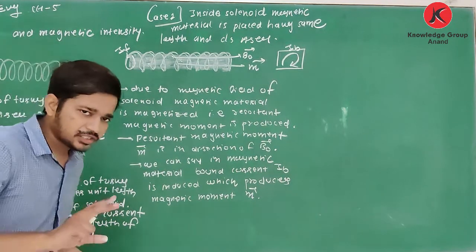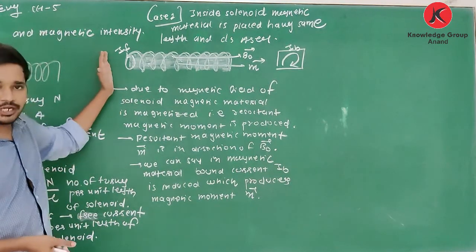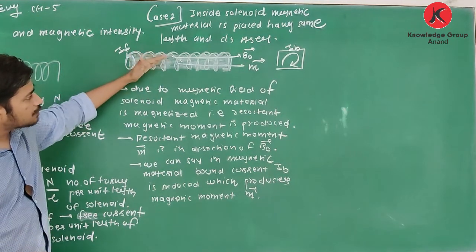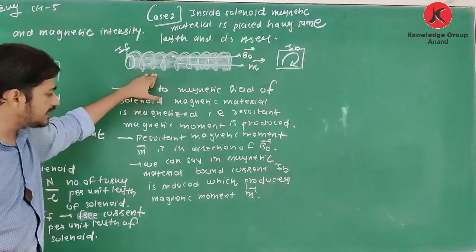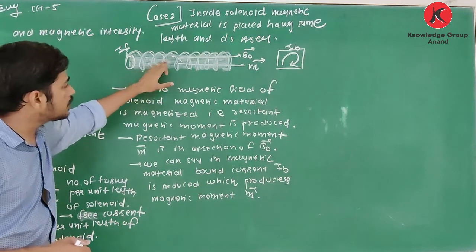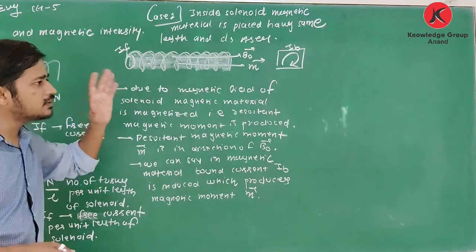So in short, when a magnetic material is placed in a solenoid, that material is magnetized, meaning now it has some resultant magnetic moment.